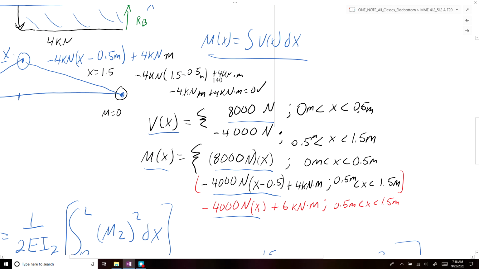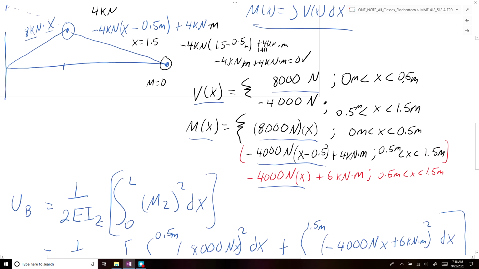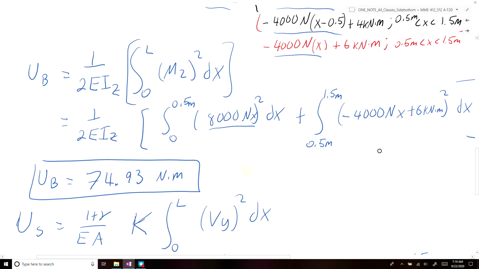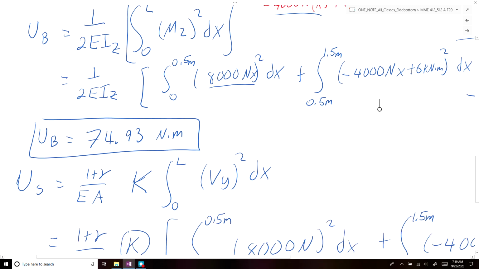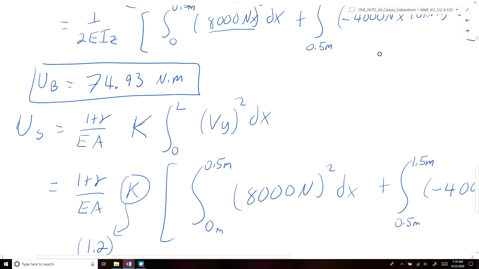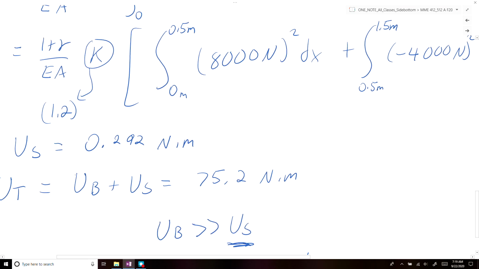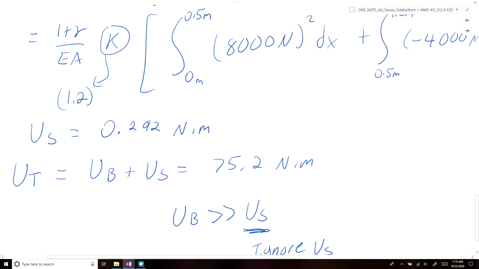Once we had V of x and M of x, all we had to do was plug them into our two integrals to solve for the total strain energy due to bending, U_B, and the strain energy due to the shear force, which was here. We plugged in all those values, evaluated these integrals, and plugged in the given information, and we were able to calculate our total strain energy.